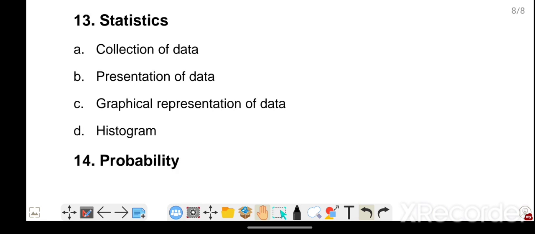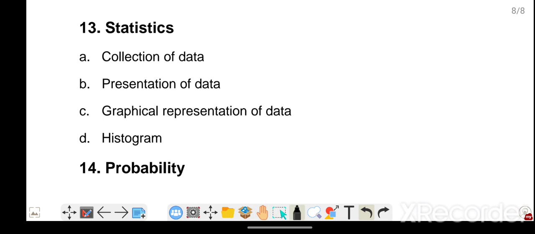Next chapter is statistics. In this we will discuss collection of data, presentation of data, graphical representation of data and histograms. Next chapter is probability.